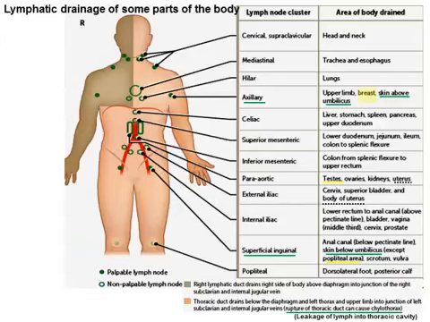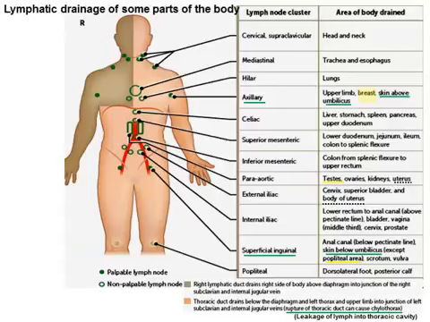The mediastinal lymph node drains the trachea and esophagus. The hilar lymph node receives the lymphatic drainage of the lung. The axillary lymph node receives the lymphatic drainage of the upper limb, the breast, and the skin above the umbilicus, as I have said.